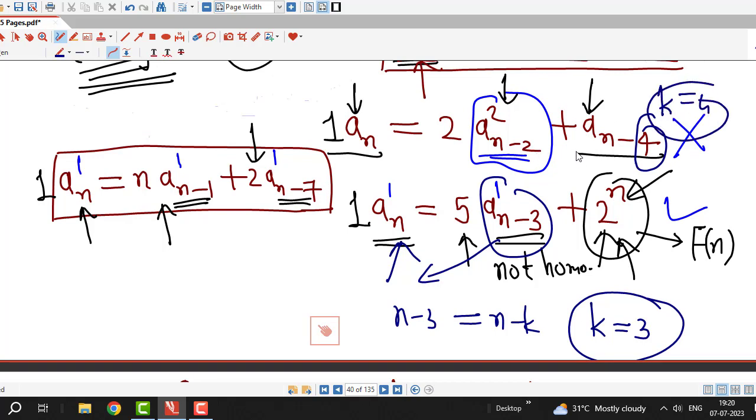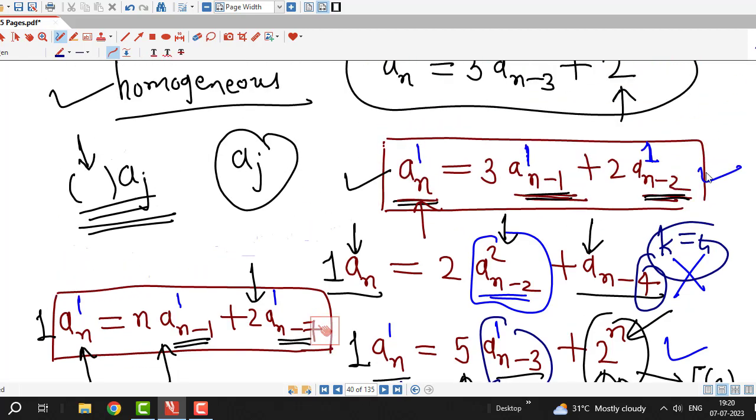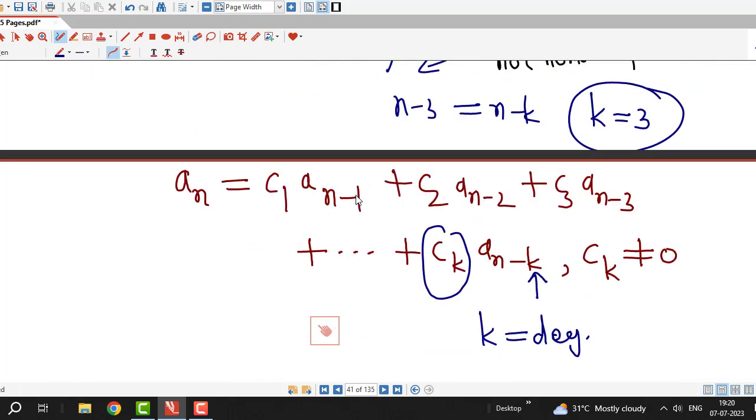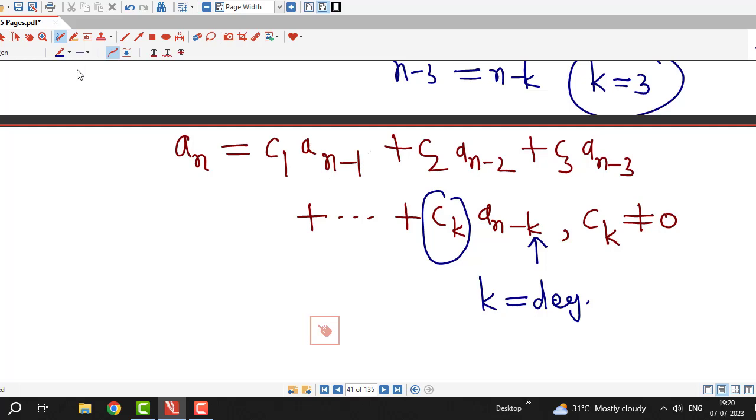This is a recurrence relation of degree 4. Similarly, this is a recurrence relation of second degree because I have an minus 2 here, and this is a recurrence relation of degree 3 because if I compare n minus 3 with n minus k, then I obtain k equal to 3. That is the meaning of degree of a recurrence relation.